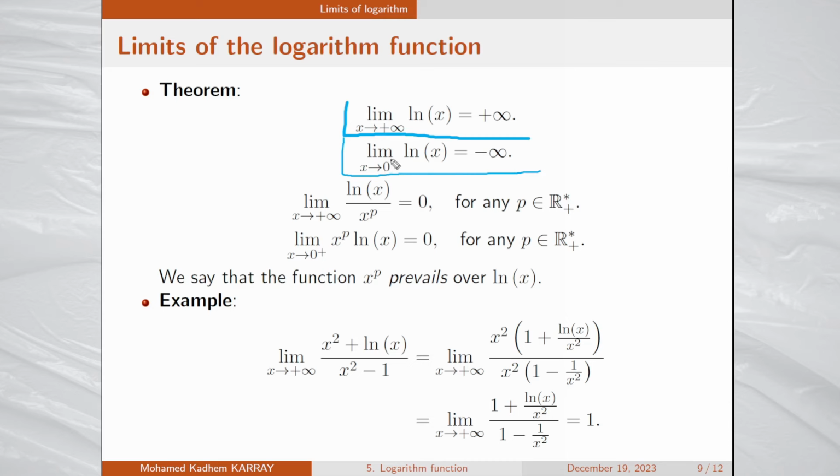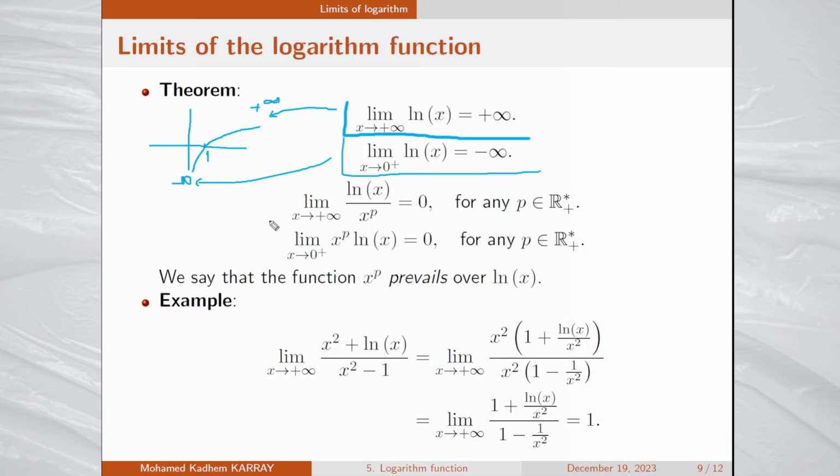Remember that these two properties are due to the curve, or can be kept in mind with the curve of the logarithm. So this is the limit at infinity, which equals infinity, and this is the limit at 0, which equals minus infinity. And remember also that the logarithm at 1 equals 0.